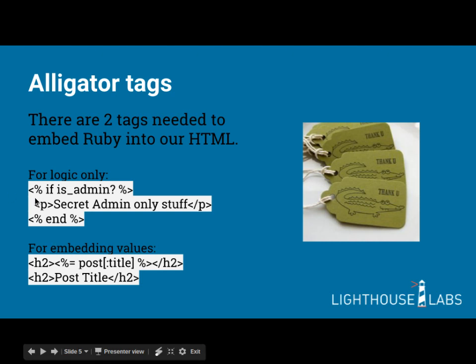Opening tag, closing tag, Ruby code on the inside. Ordinary HTML. And just like in Ruby, if you have an if, you also have to have an end to wrap it all up, to close it off. Open tag, closing tag. Embedded values, open tag, closing tag. See the difference? What is it?